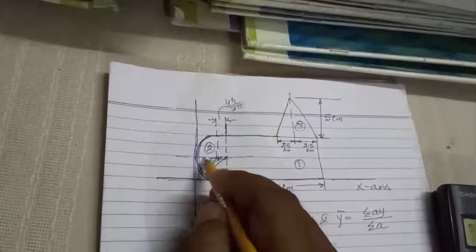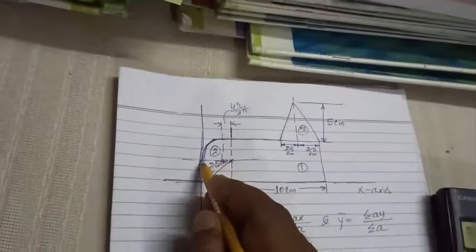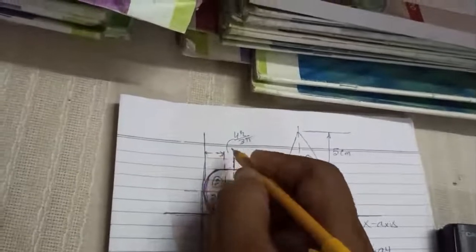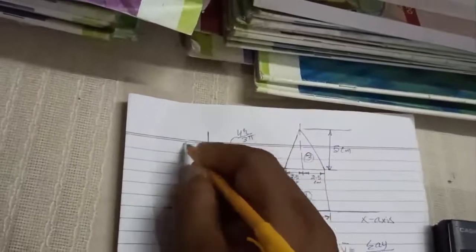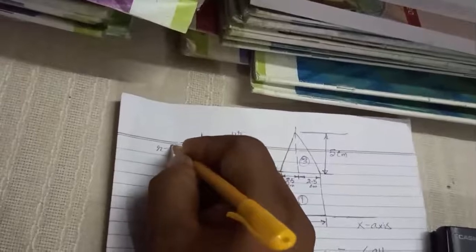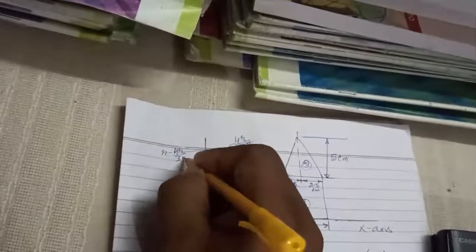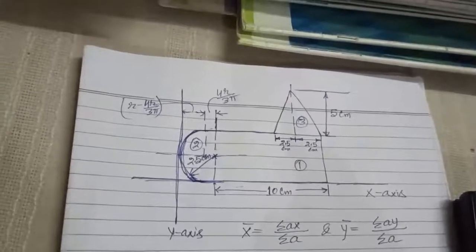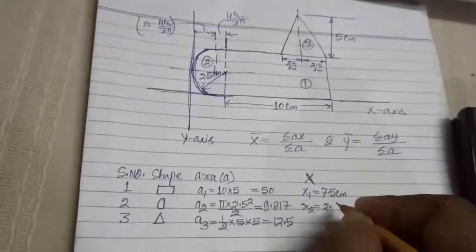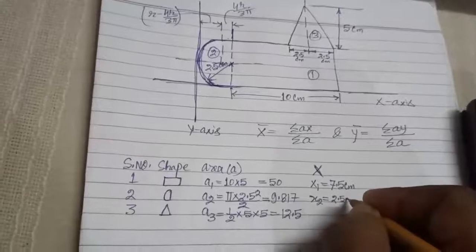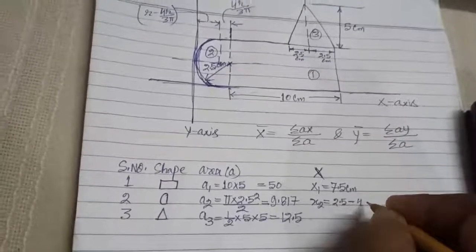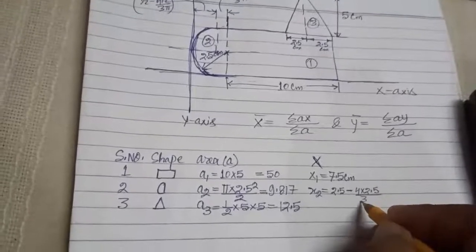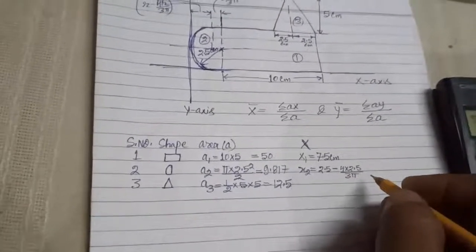So it is equal to r minus 4r by 3 pi. We are requiring this much distance. This much distance is r minus 4r by 3 pi, which means 2.5 minus 4 into 2.5 by 3 pi. So this is the distance.